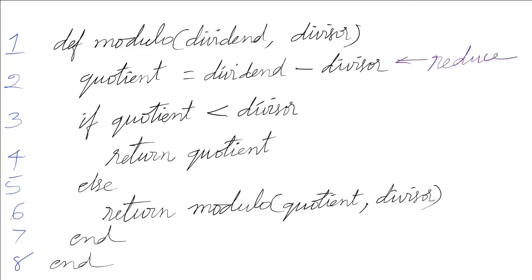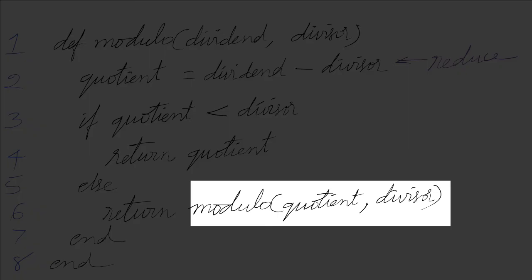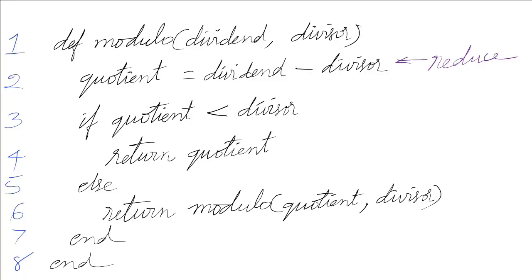We reduce in this step. We then code the base case. In the recursive case, we pass in the reduced value of quotient as the dividend and make a recursive call. The divisor value is the same in all the recursive calls.